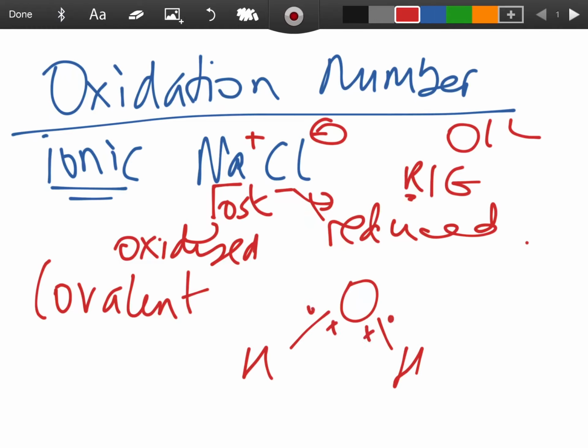The problem is with covalent compounds like water, where there is sharing of the electrons. You can't say that the one atom gets the electron and the other atom loses the electron. So for the purpose of oxidation numbers, we assume that the bonding is like ionic, and then we go with electronegativity values. Because oxygen is more electronegative than hydrogen, we assume that the electrons go to oxygen, okay?